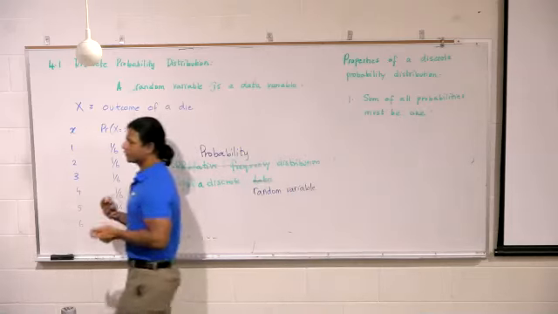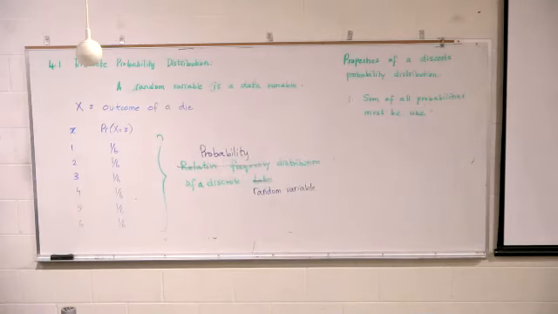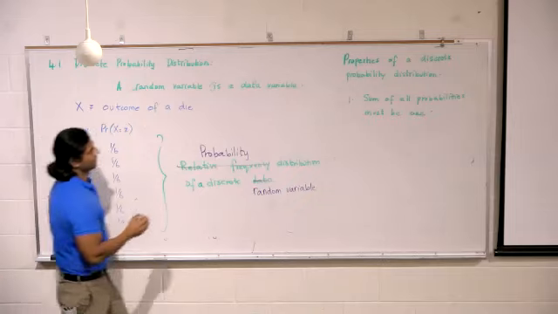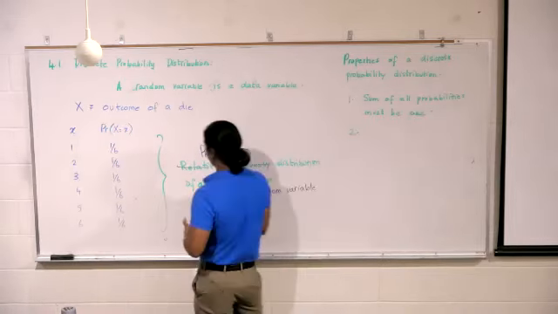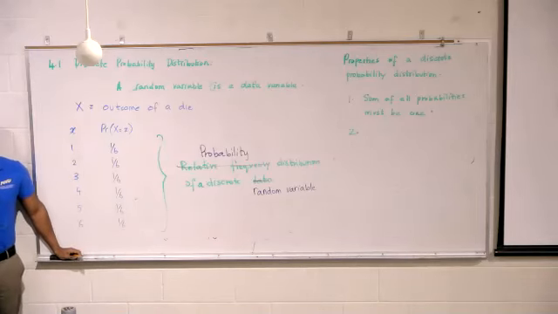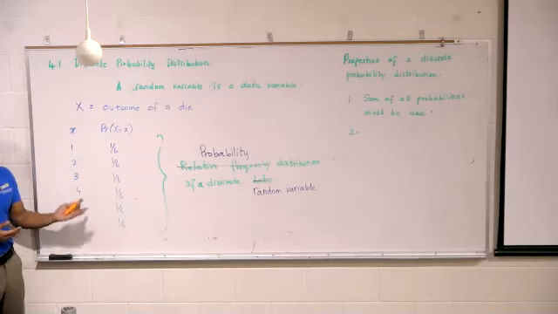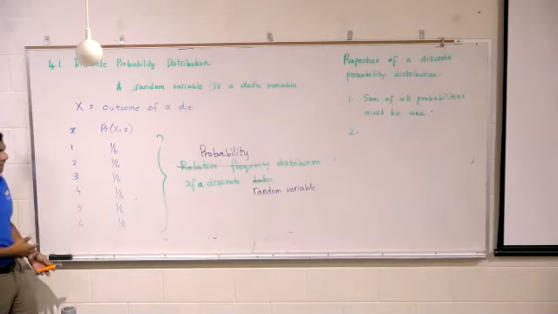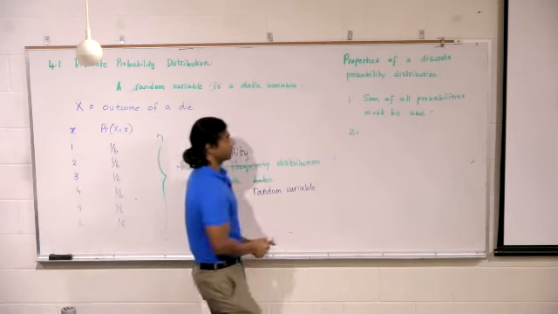So the sum of all probabilities must be 1. Second, every single probability must satisfy the properties of probability. Do we agree? So I cannot have a -1 or -2 in there. I can't have a number bigger than 1.